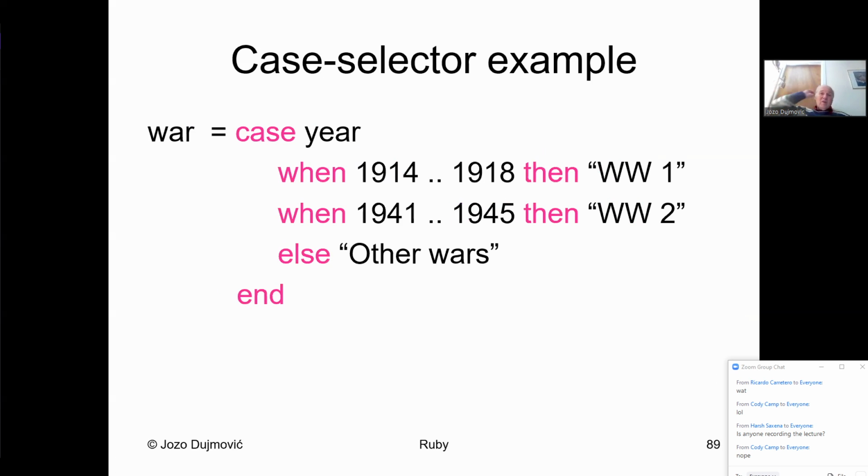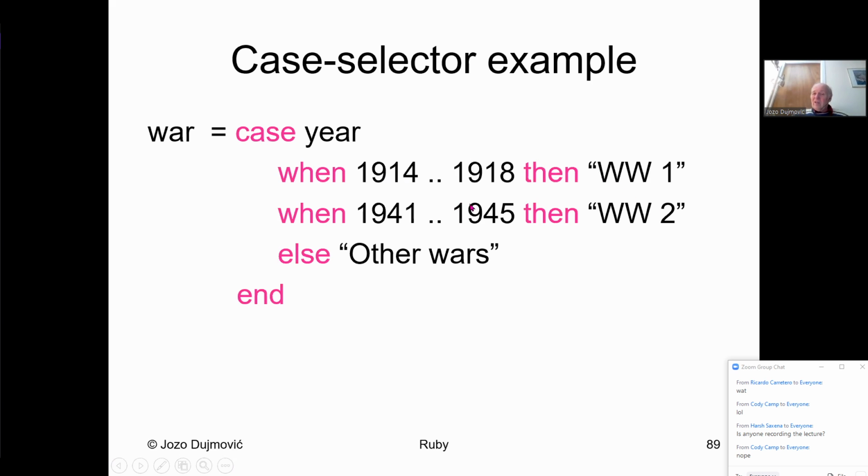Now, here is a case selector example where we have war and we have case. So year here is a selector variable. When this selector variable belongs to this range 1914 to 1918, then return World War I. Then, in the case where year belongs to 1941 to 1945, then return World War II.